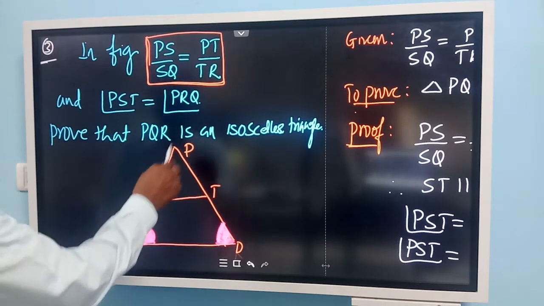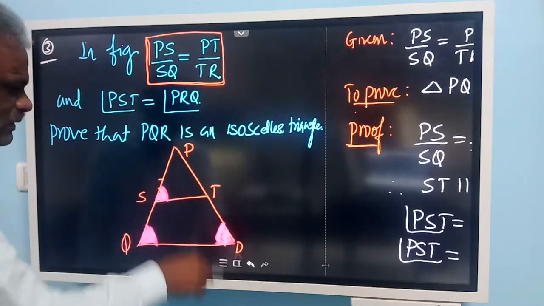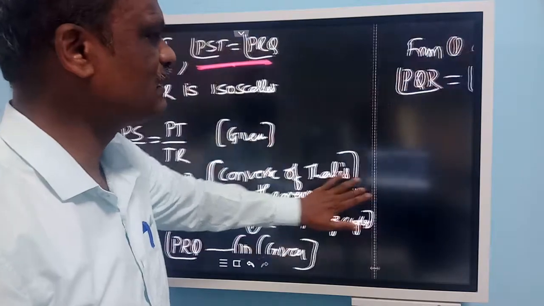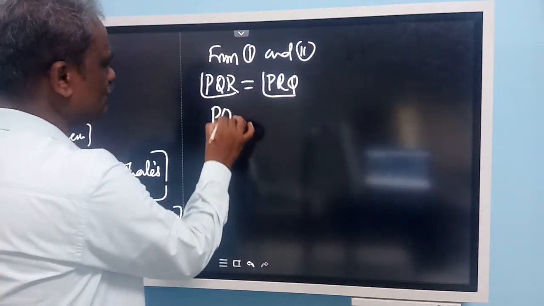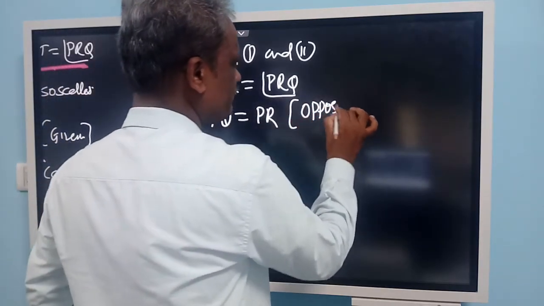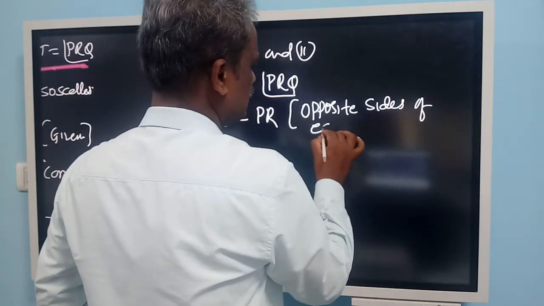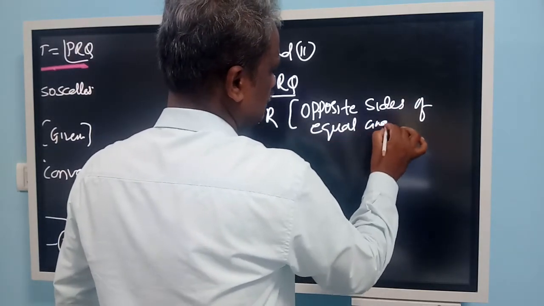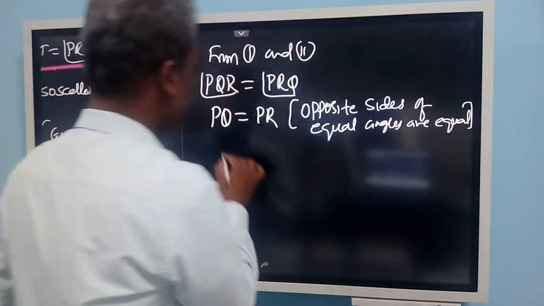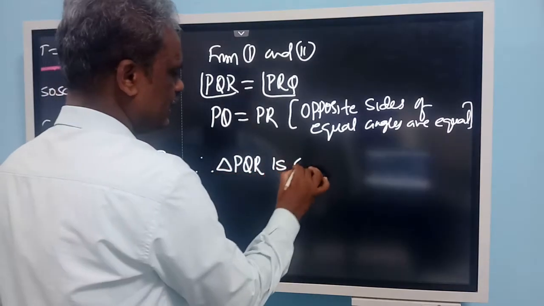Base angles of the triangle PQR are equal. If the base angles are equal, then the opposite sides must be equal. So opposite sides of these equal angles are equal. Therefore, I can write PQ is equal to PR, which means triangle PQR is an isosceles triangle.